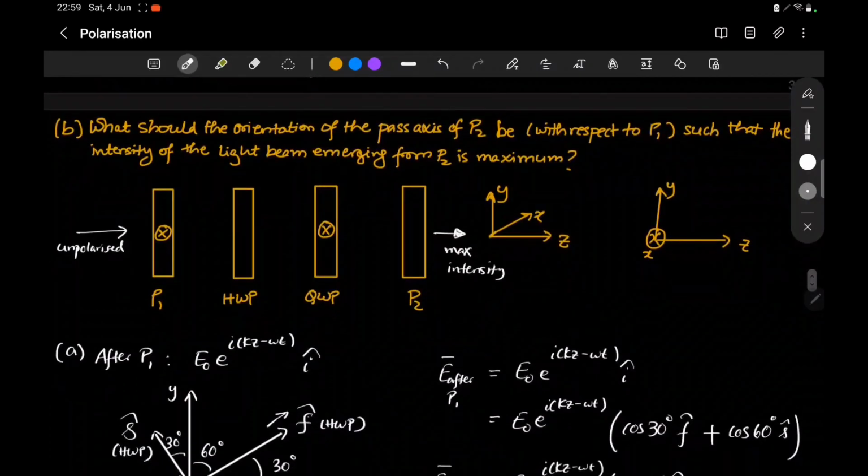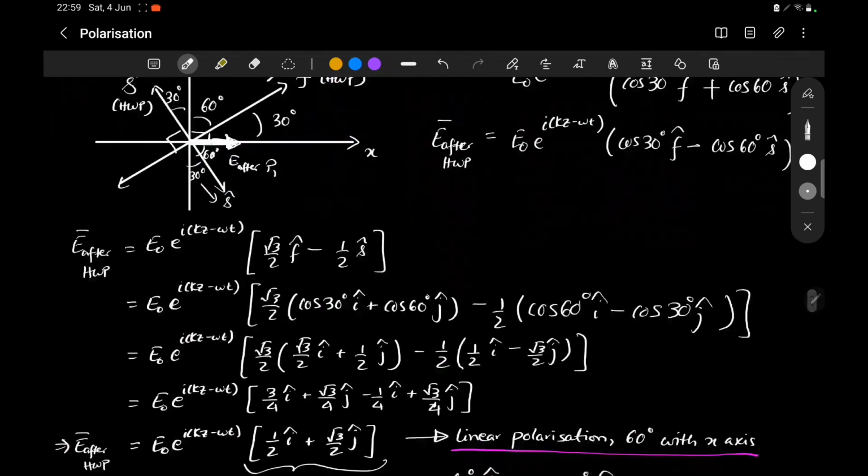So thus we should have the transmission axis of the polarizer P2 lined up along the major axis of the elliptically polarized light coming after the quarter wave plate, so that the maximum component of the light beam passes. That means we would then get maximum intensity possible.